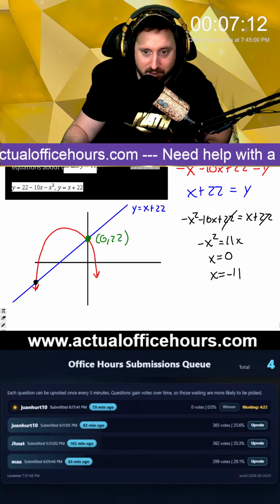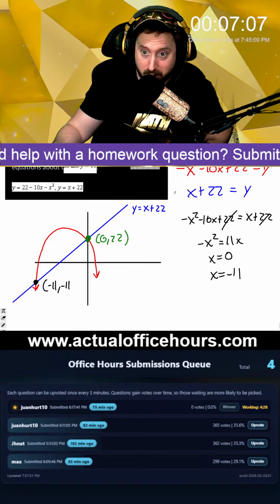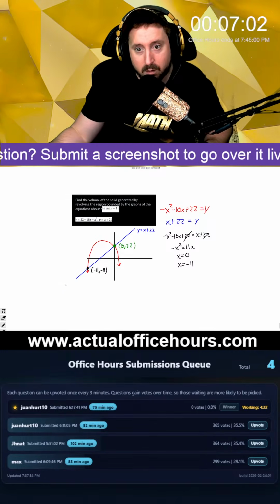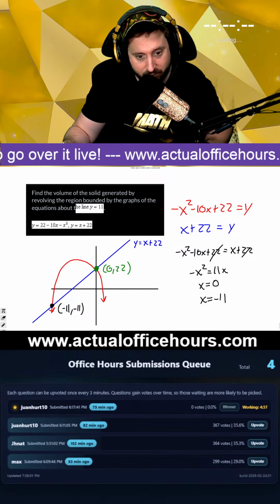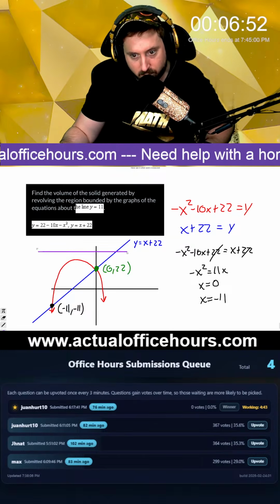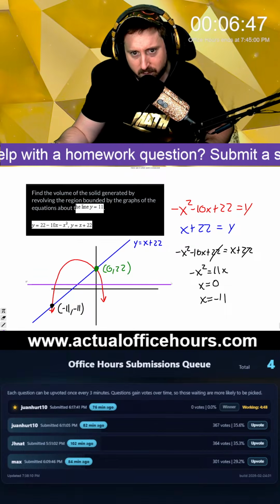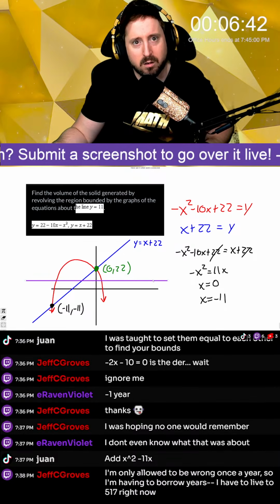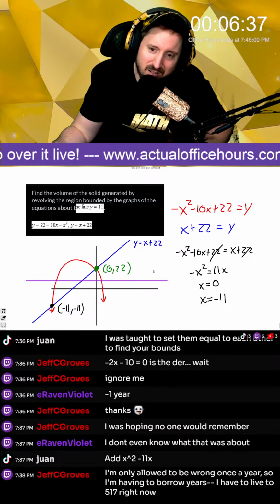Which, that makes sense, right? This is the other solution, which is going to be negative 11 comma, I think negative 11, right? If I plug that in. Great. Okay, and we're revolving around the line y equals positive 11. Oh, wait.